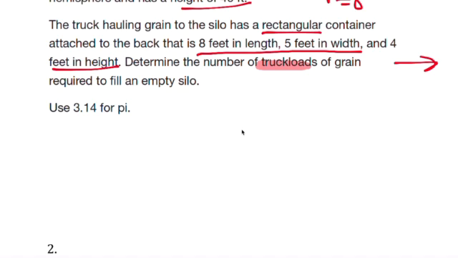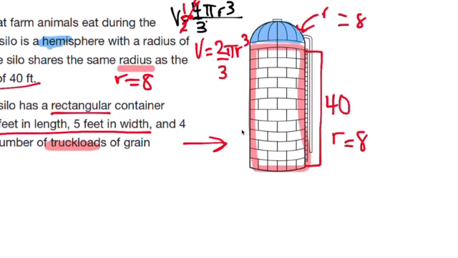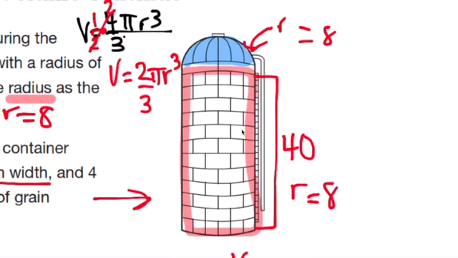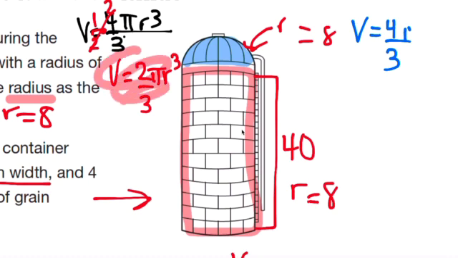We're going to do the volume of the silo, the hemisphere right here, this one first, the blue. I'm going to show the work here on the side. Volume equals 4 over 3, no, it's a half, so I'm going to have to use this one right there: 2 over 3 pi r cubed.